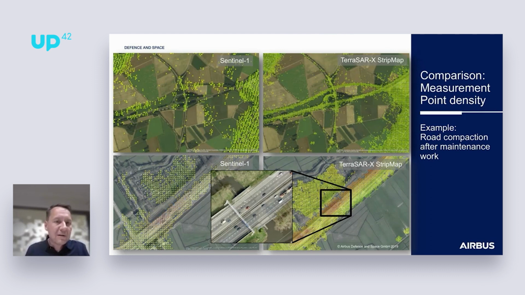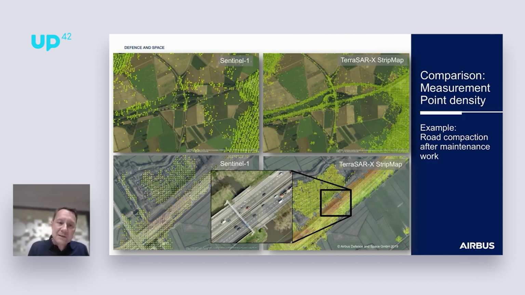These dots in this area represent measurement points in the interferometric analysis. You see, it's not totally homogeneous because interferometry requires some kind of stability. So over vegetated areas or over water, we won't get any measurement points. But for infrastructure elements, there is usually a high point density.